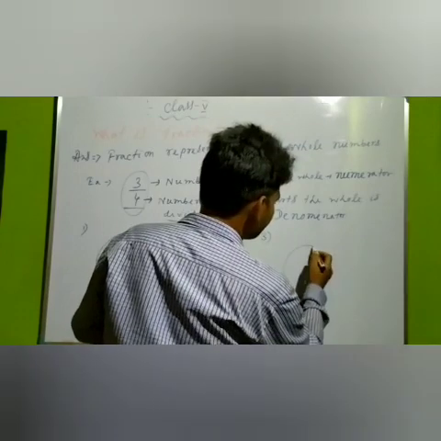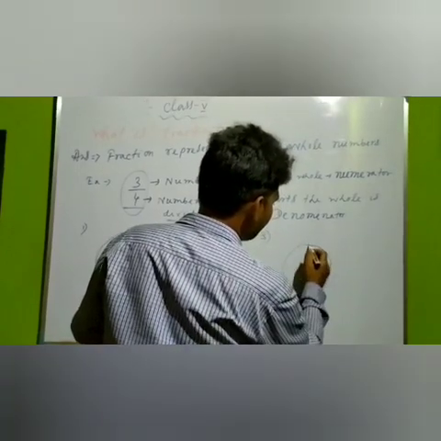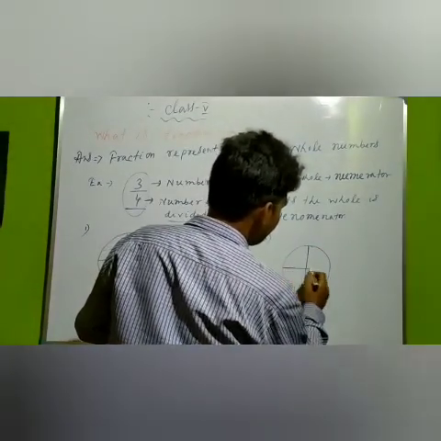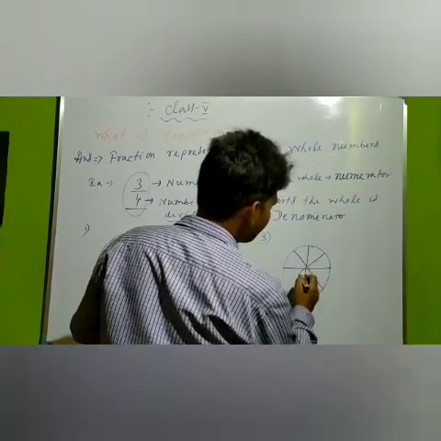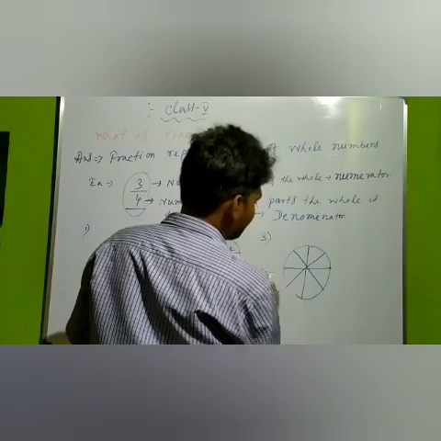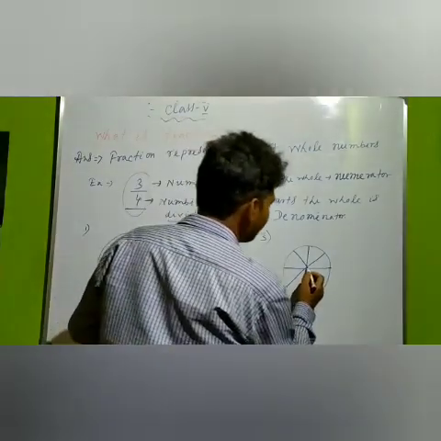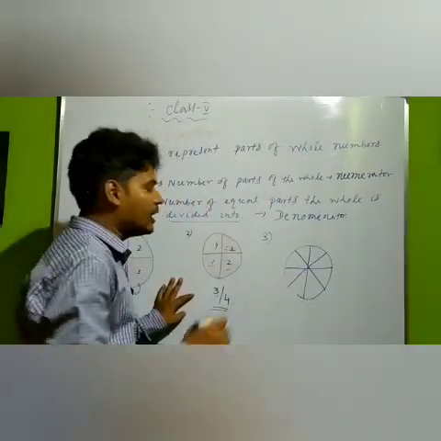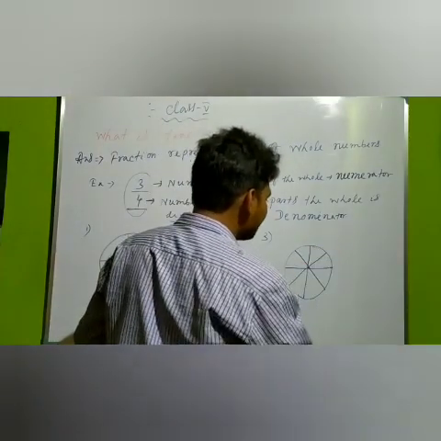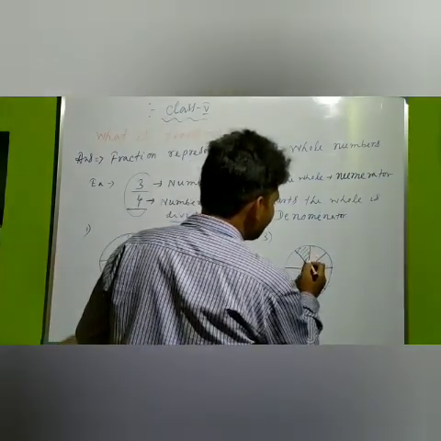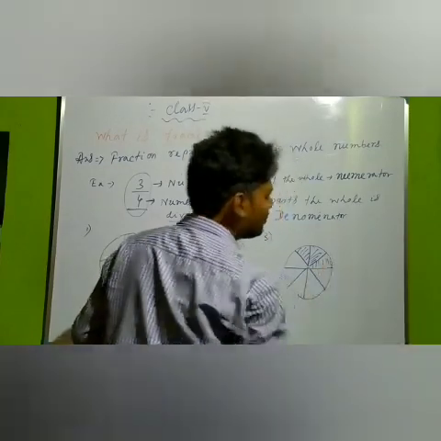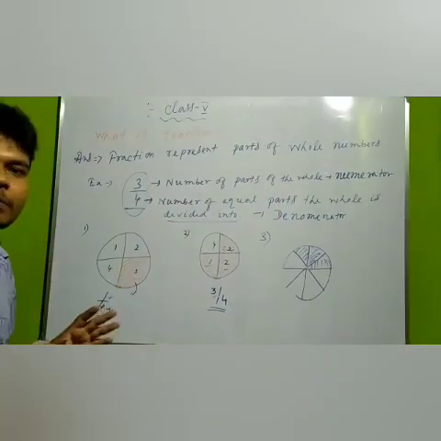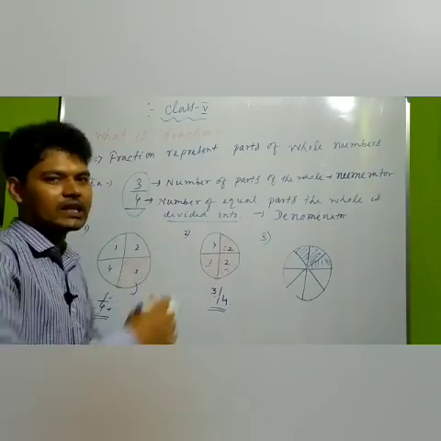Now if we divide this into 8 equal parts, and out of these 8 equal parts you have taken 3 parts, then how do you represent this as a fraction?